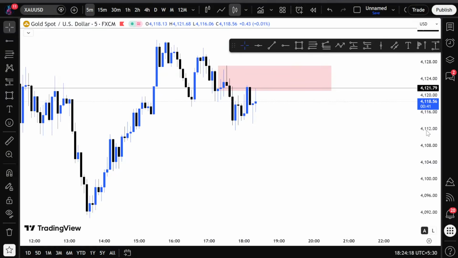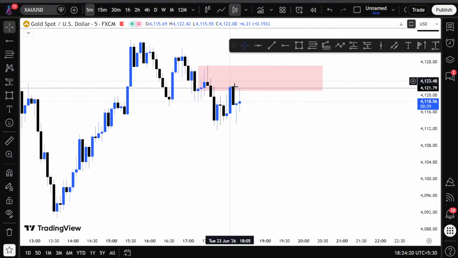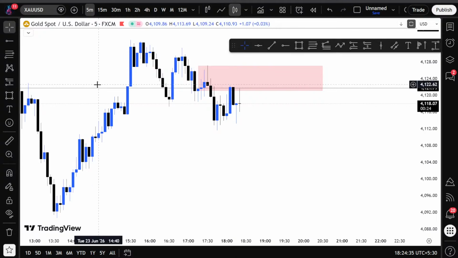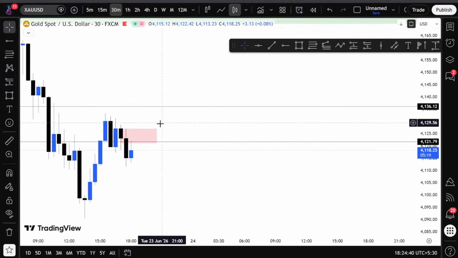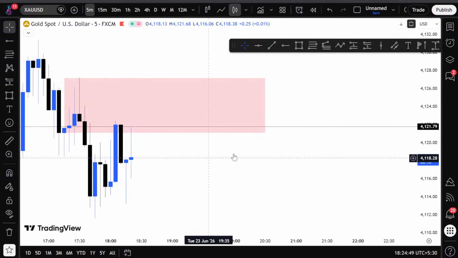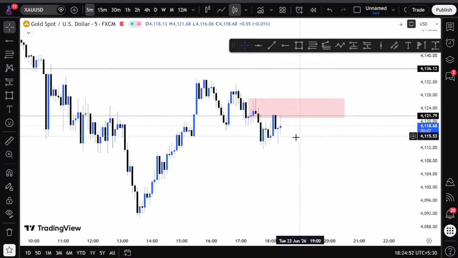If this doesn't happen, then we will go for 5-minute change of character and retest. 30-minute momentum is already shifted to bearish. That's why I marked this 15-minute supply, but not much stronger against the structure.